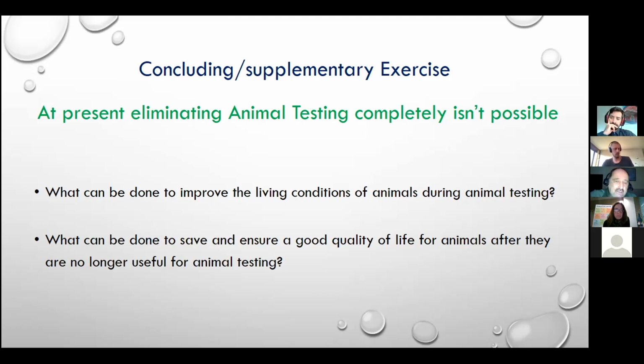Having seen what is available now and what progress has been made, and coming to terms with the fact that animal testing still exists and will exist at least in some areas in the foreseeable future, then the next step would be, what can we do to improve the living conditions of animals during animal testing and after?